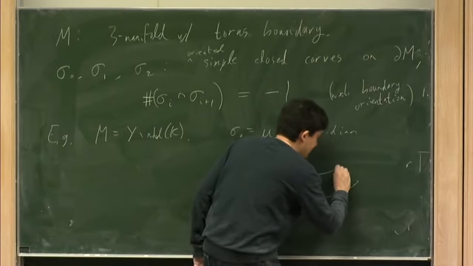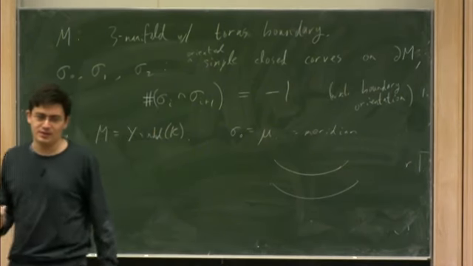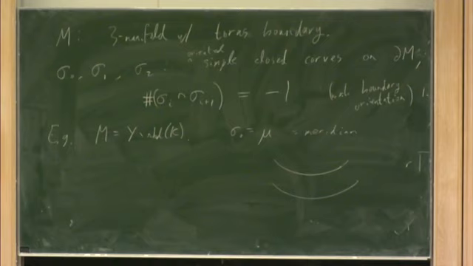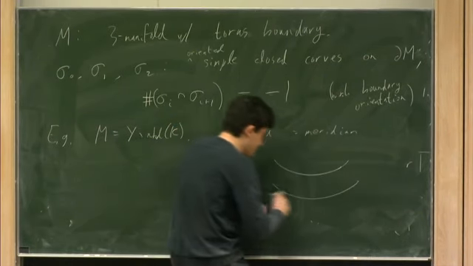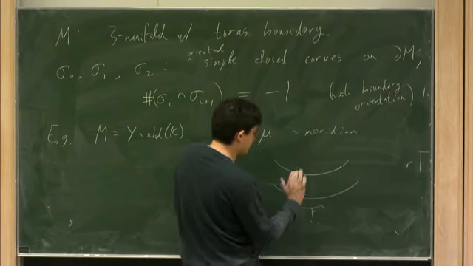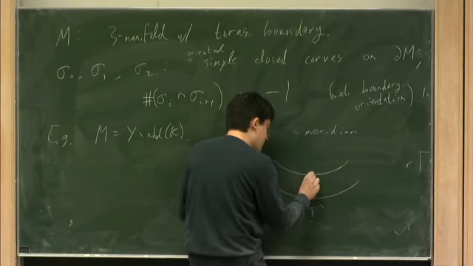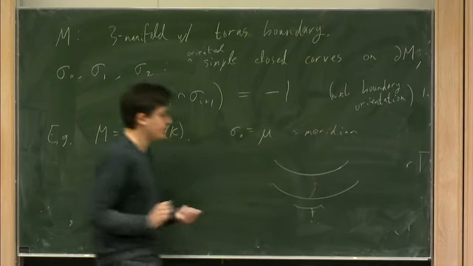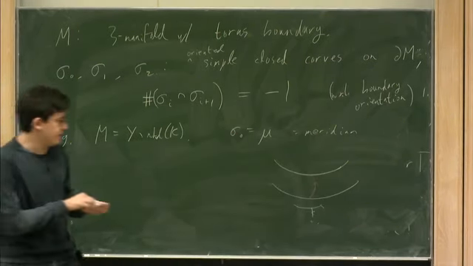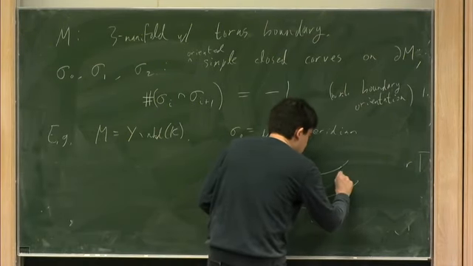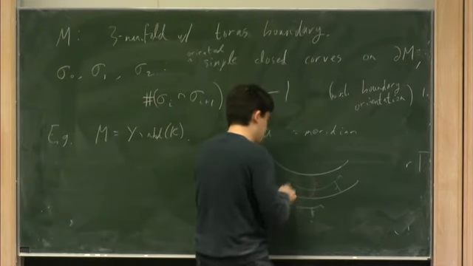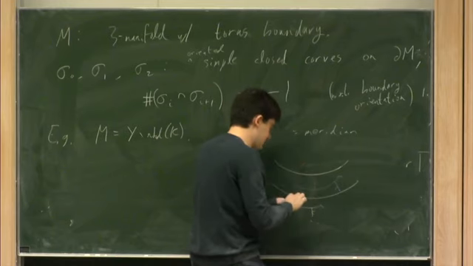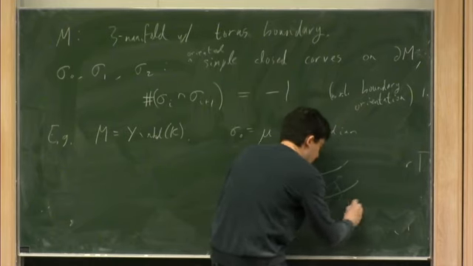If I'm just thinking about the complement of a knot in S3, for instance, if this is the meridian, let's say the knot was oriented that way. Okay, so if K was oriented this way, and I want a right-handed meridian that goes like that. Okay, and then this was a longitude. This is the meridian. This is a longitude.